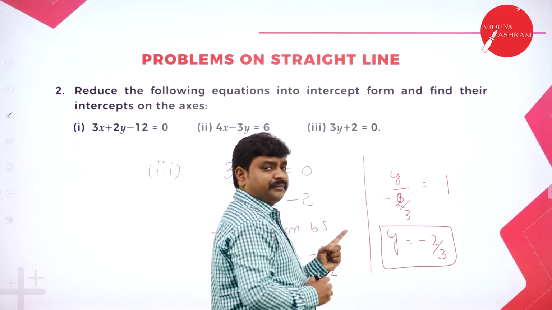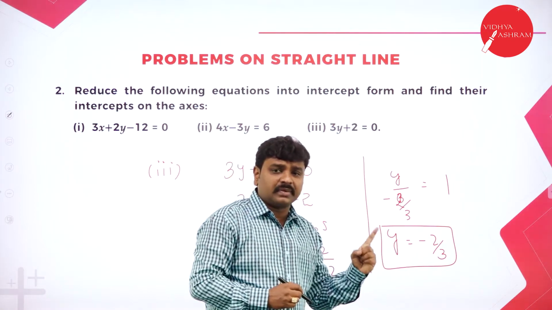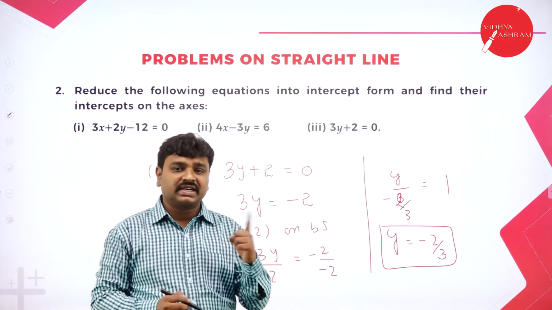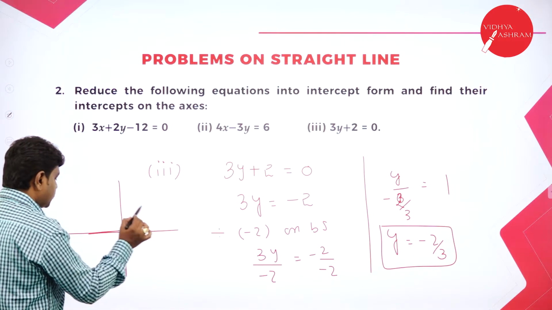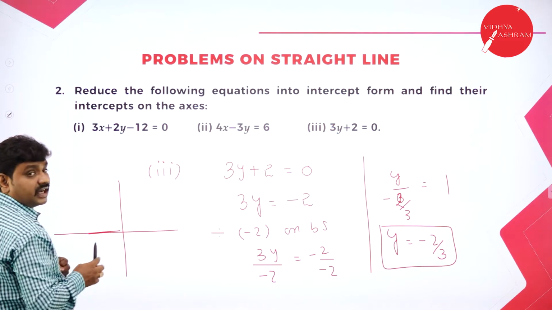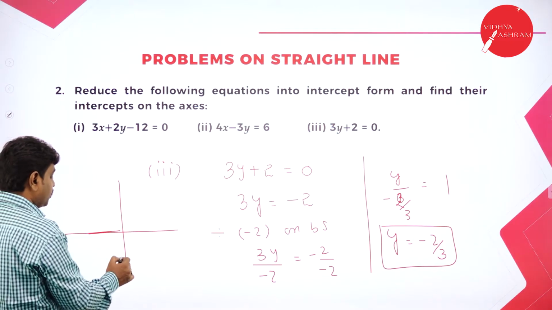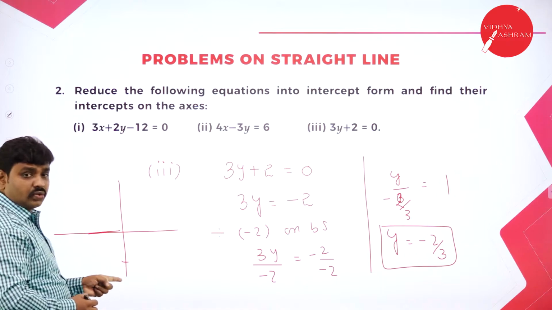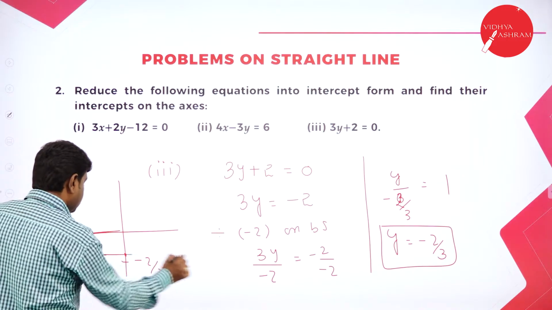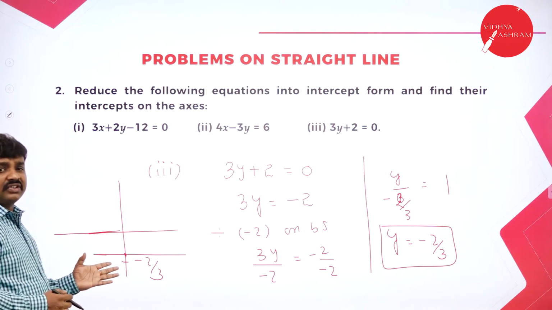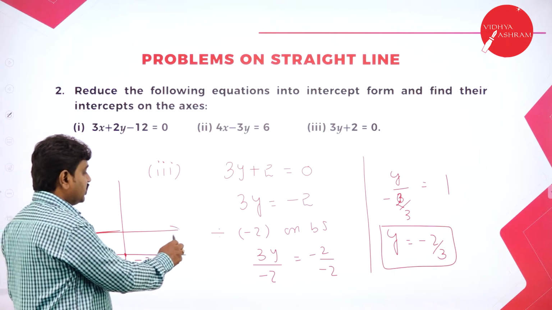See, this is a line parallel to the x-axis and cuts the y-axis. If I plot the line, it's a parallel line to the x-axis cutting y at minus 2 by 3. You know, y negative means down, minus 2 by 3. So the line will be like this, and it will never cut the x-axis.